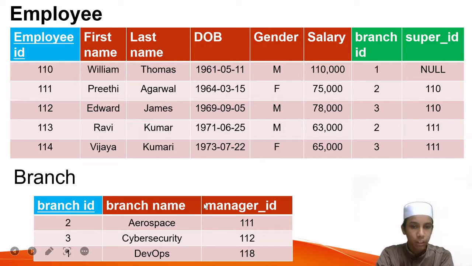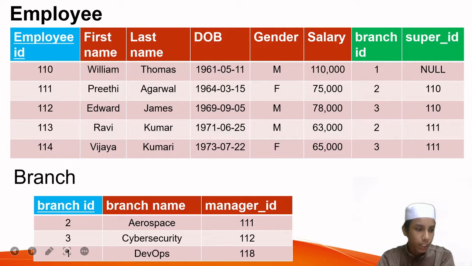Inside this employee table we can say whose supervisor ID is who. For example, Ravi Kumar's supervisor ID is Preeti Agrawal's. We can find whose supervisor is who by using a foreign key.